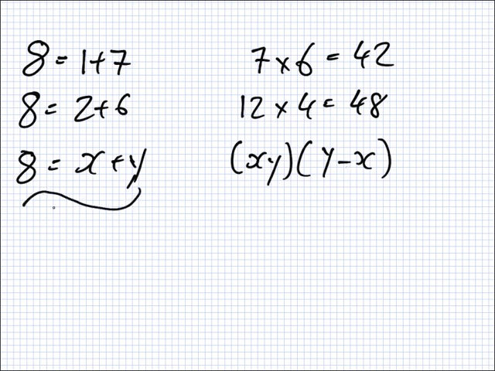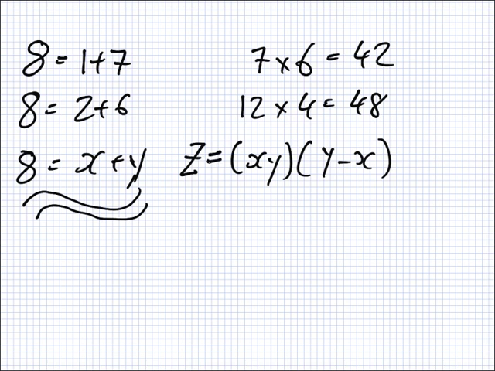What's the name of this equation? This will be called the constraint, because are you free to have any x and y? No. Just like with the last example, you have to make sure your x and y add to 8. So this is a constraint. And this is what we want to make maximum. Let's give it a name. We'll call it z.